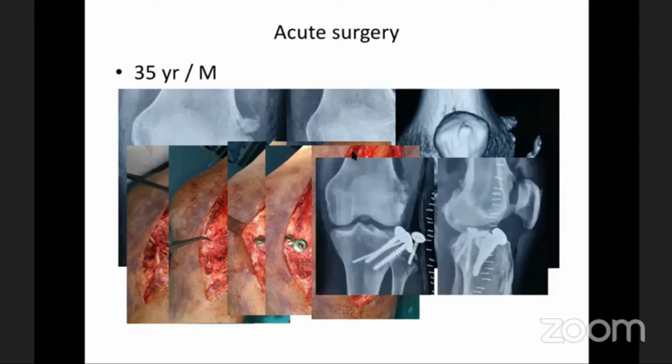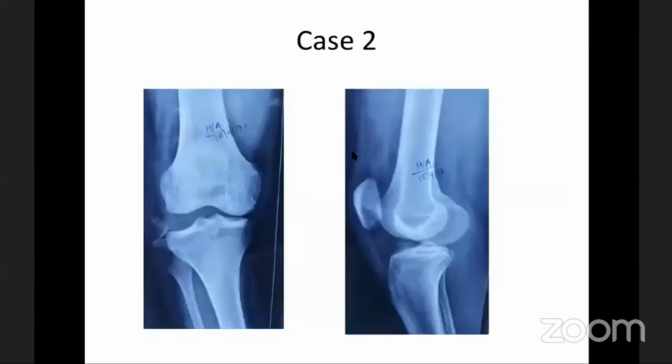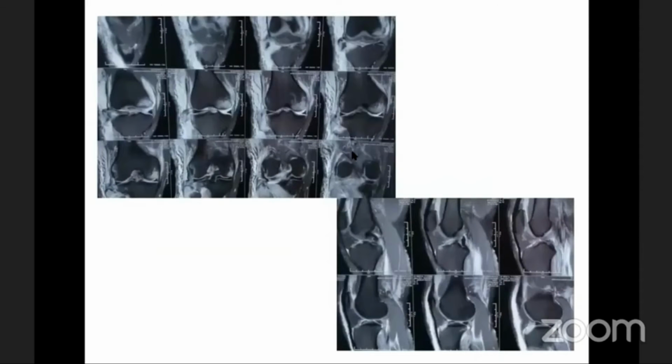And in the second stage you can do the reconstruction of the ACL and PCL also. Another similar case, having avulsion of the Gerdy's tubercle and the fibular head; the MRI says there is injury of the ACL also. So in this case you can make your diagnosis: tear of the ACL, fibular head avulsion and Gerdy's tubercle. Again, with a similar incision, you can stabilize and fix the fibular head and Gerdy's tubercle.